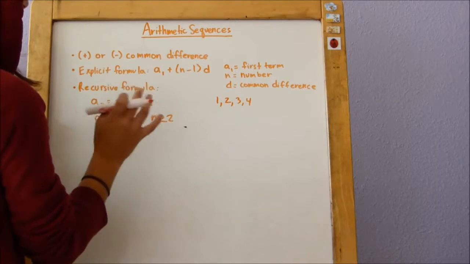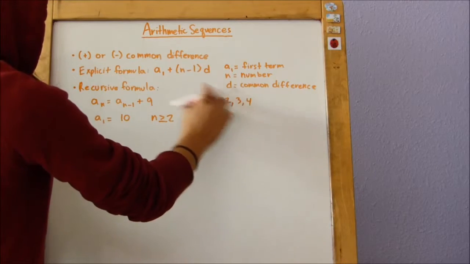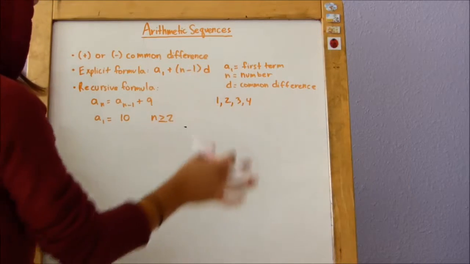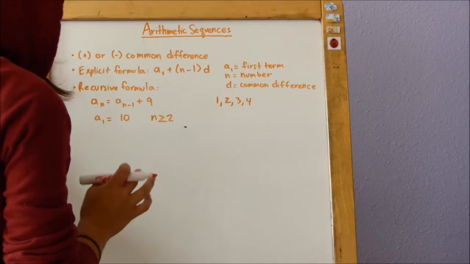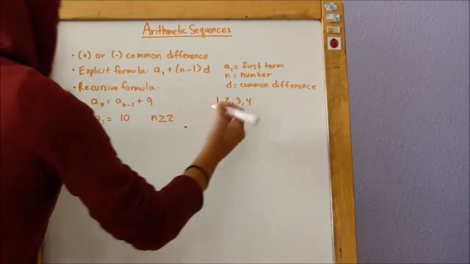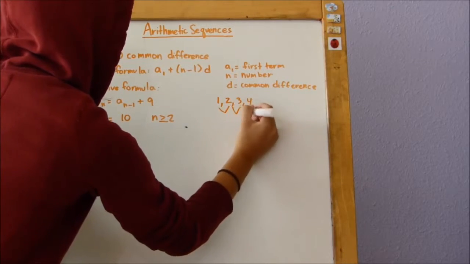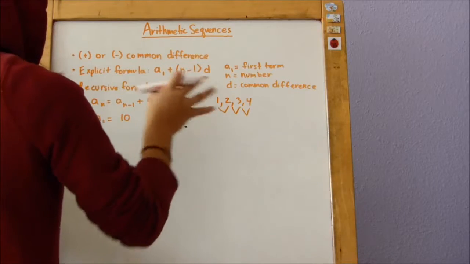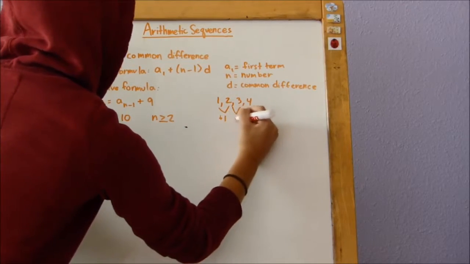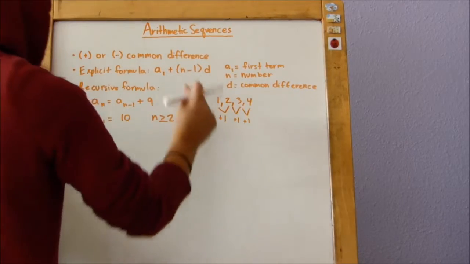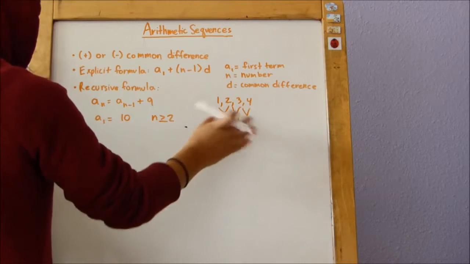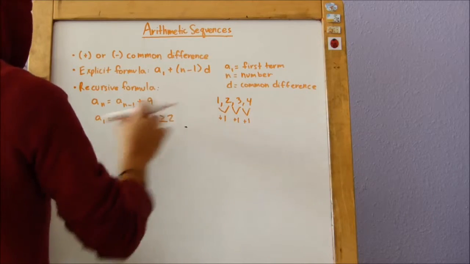If I try to find the third number, I'll just plug in 3 there and then solve it all out. D is the common difference, or what's different between each of these points in the sequence. So this would be +1, +1, +1, and the common difference in this sample would be 1.